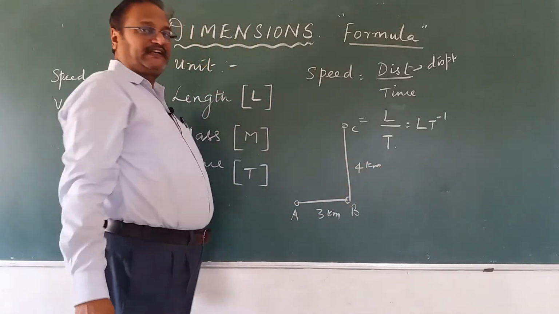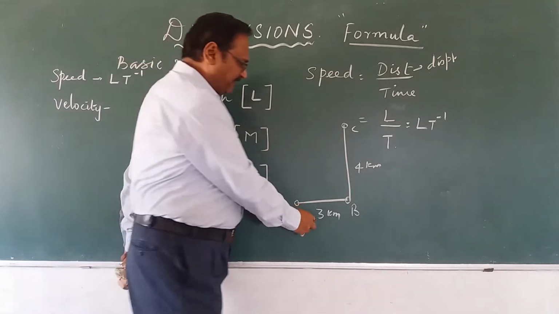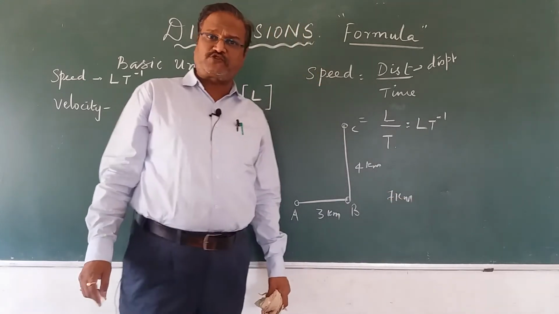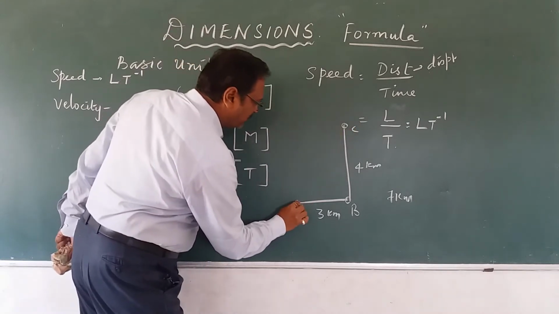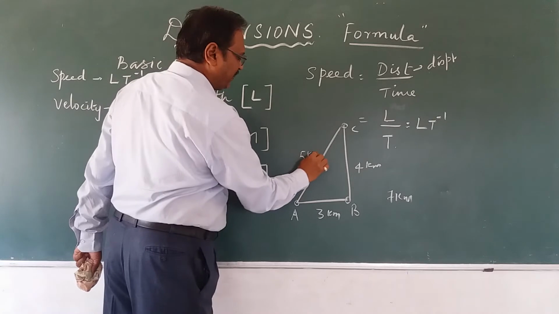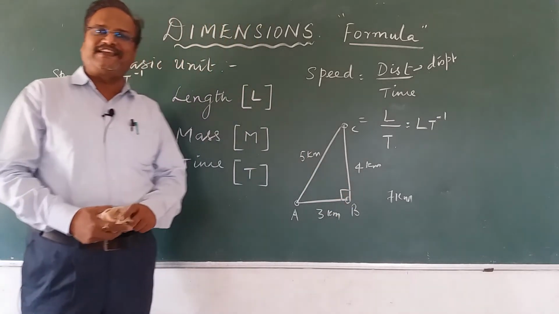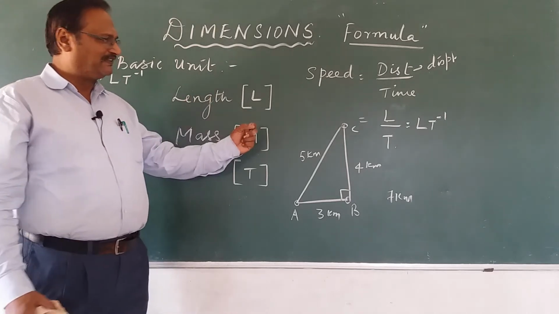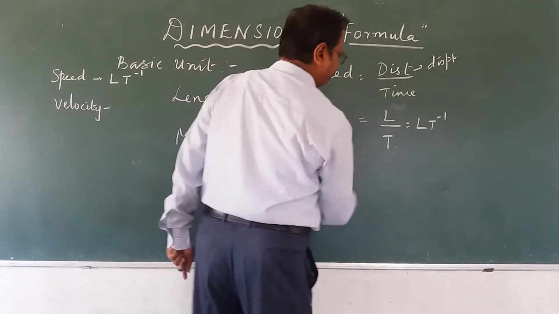The distance traveled is the actual path traveled, that is 3 plus 4, 7 kilometer. But displacement is the shortest distance AC, where the body was at A and has moved to C. That is 5 kilometer, according to Pythagoras theorem, as the triangle is right angled. I hope you understand.